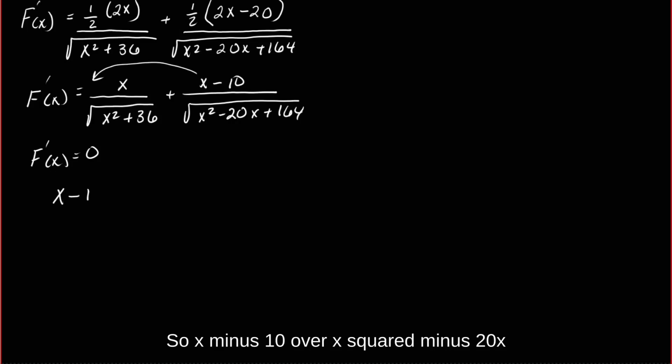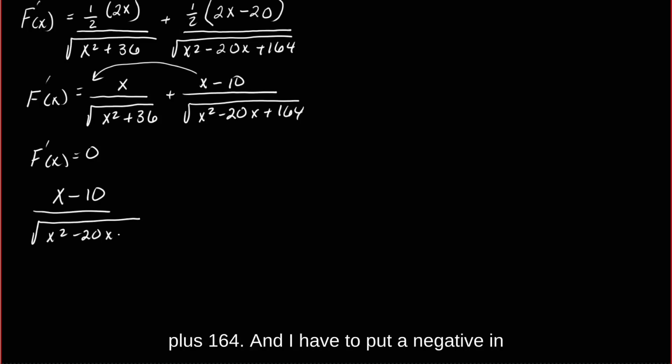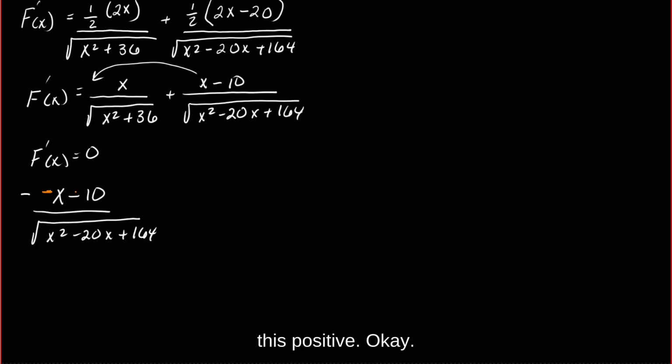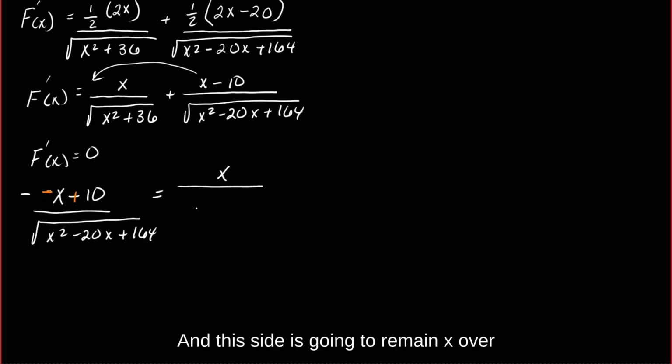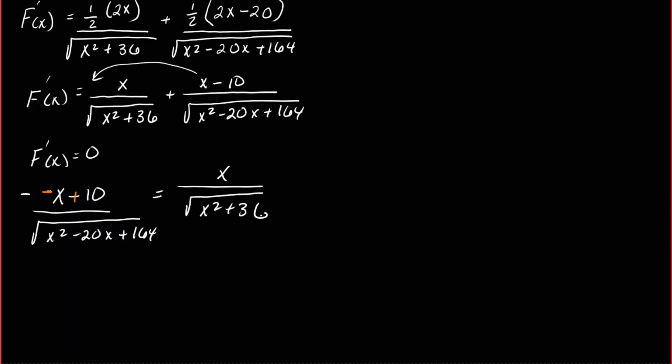So x minus 10 over x squared minus 20x plus 164, and I had to put a negative in front. That negative makes this negative, and it makes this positive. This side is going to remain x over the square root of x squared plus 36.